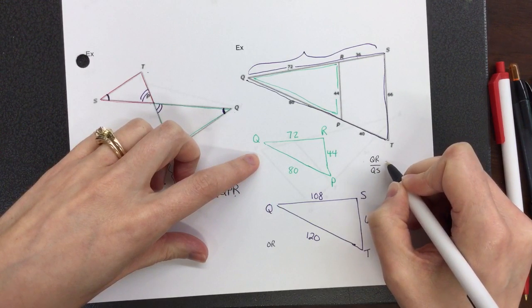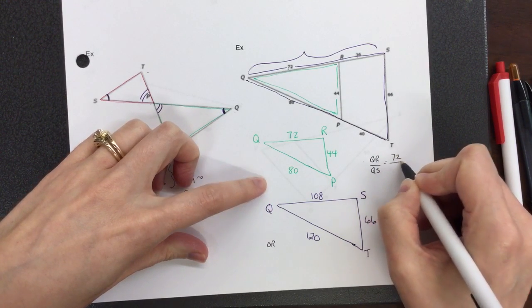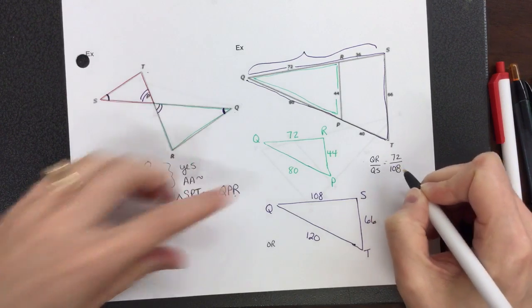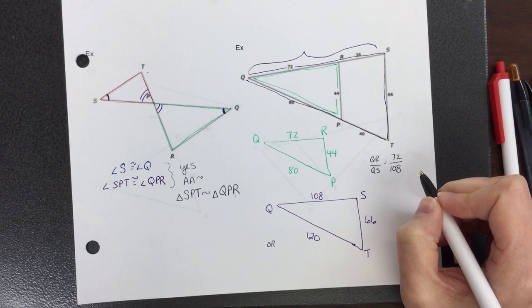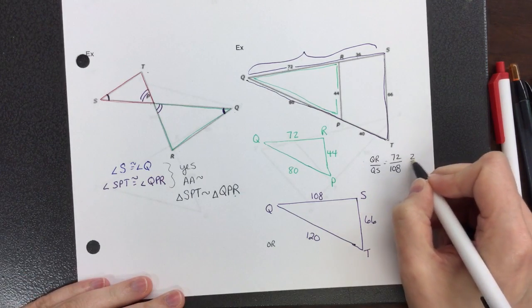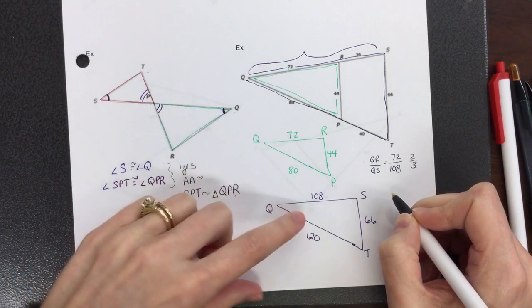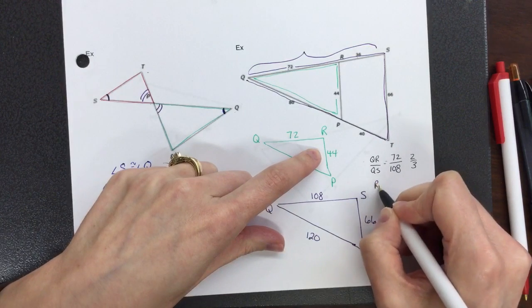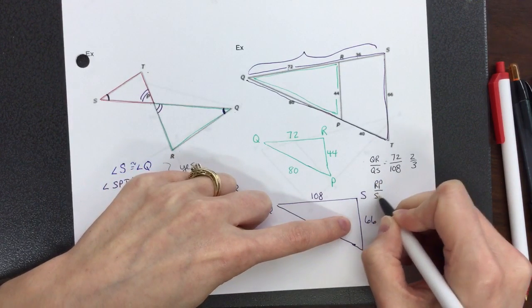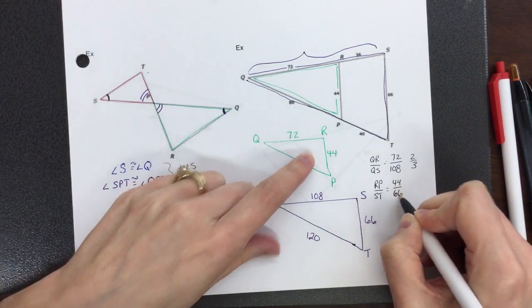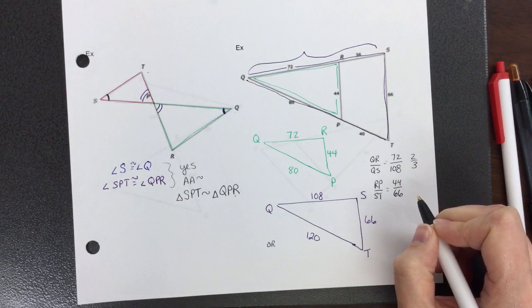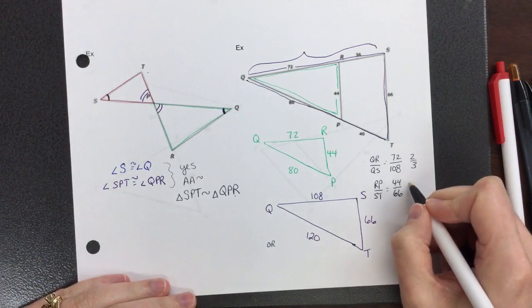QR has a value of 72 over 108, and 72 over 108 will simplify down to 2/3. So QR to QS, and then RP to ST. RP has a value of 44, ST has a value of 66. 2/3 again.